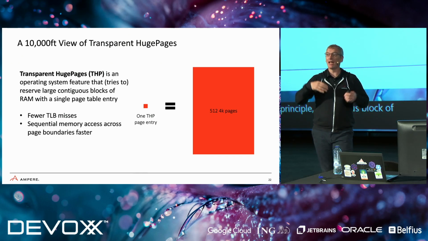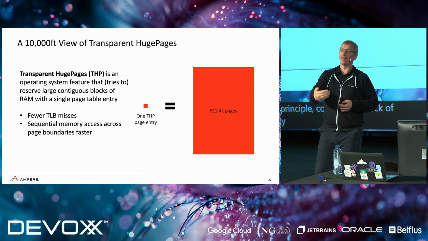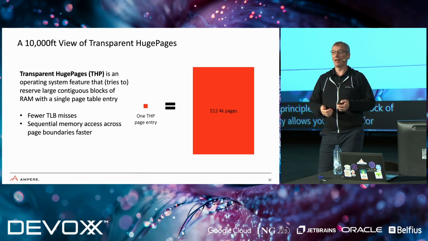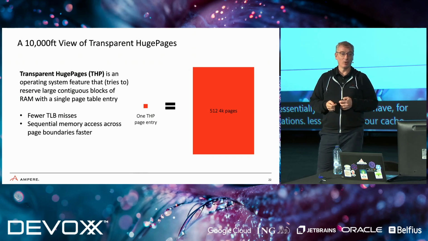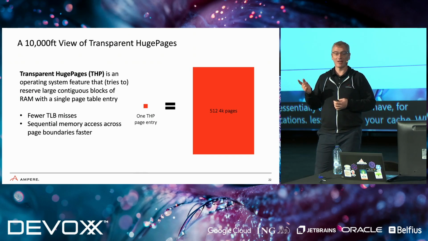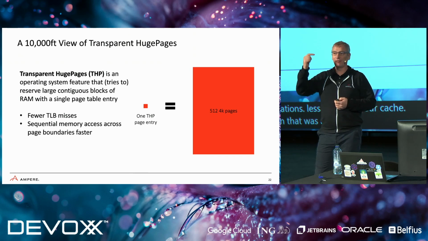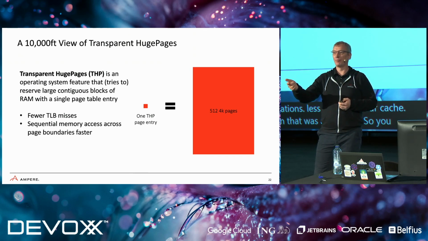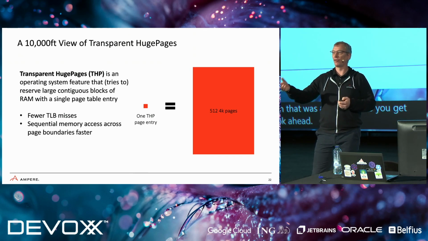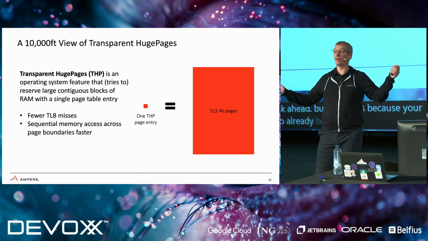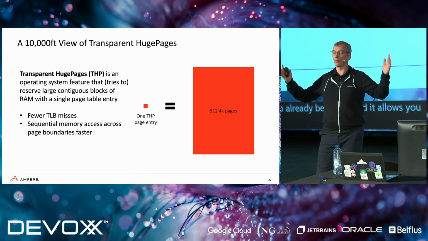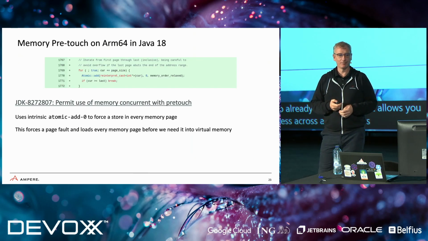It essentially allows you, for data-intensive applications, less thrash in your cache, which is alliteration that was accidental. So you get fewer translation look-aside buffer misses because your page is more likely to already be there, and it allows you faster sequential access across a contiguous block of memory, in principle.